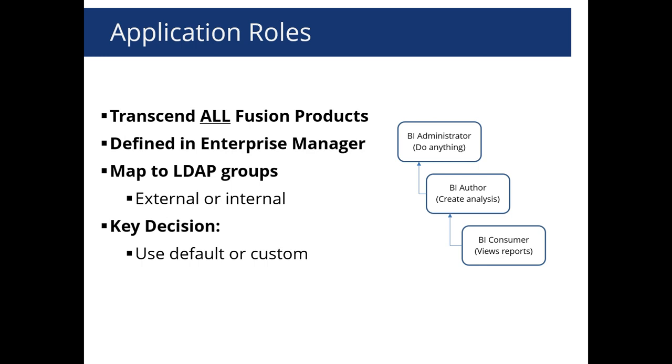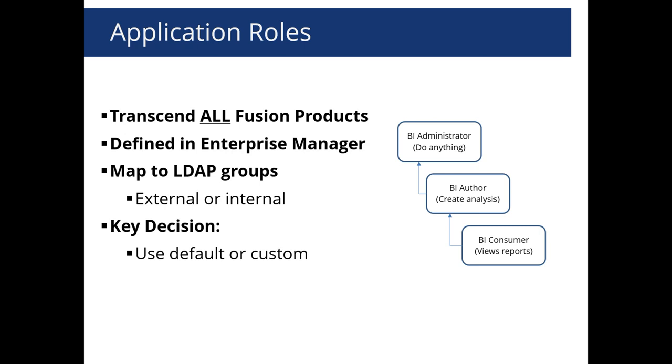You then, within Enterprise Manager, map these application roles to LDAP groups. And the key decision, again, is whether you are going to be building off the default application roles or defining your own custom ones.